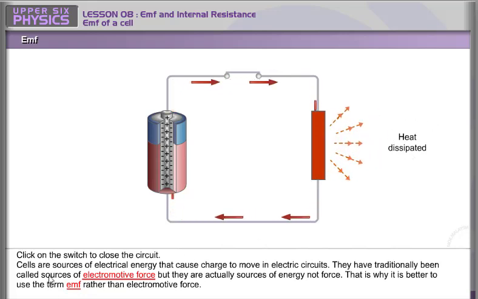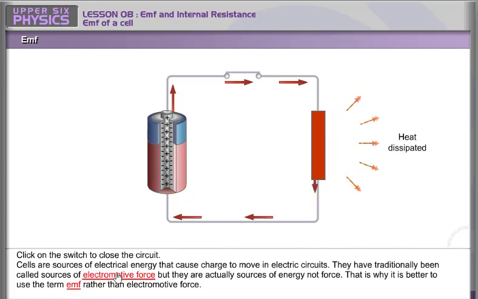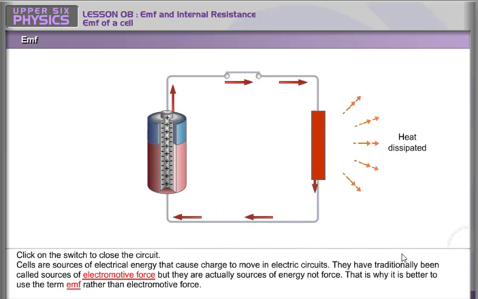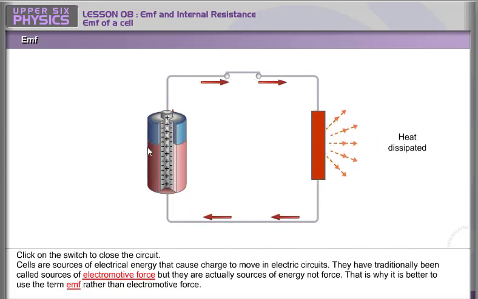Cells are the sources of the electrical energy which causes the charge to move in electric circuits. They have traditionally been called sources of electromotive force.